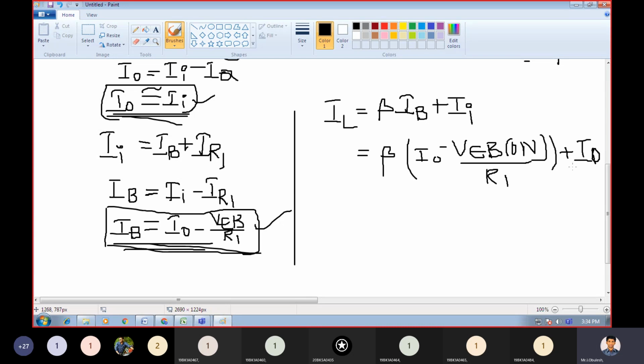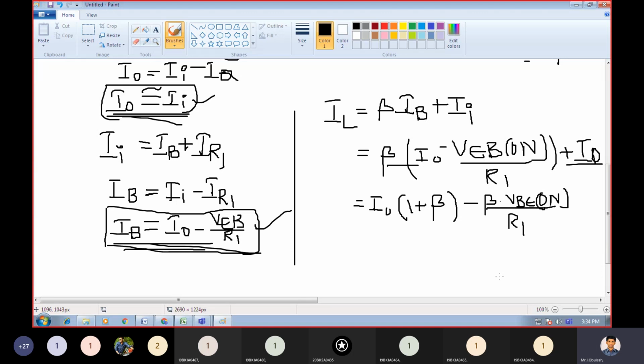From these two terms, I0 is common: IL is equal to I0 into 1 plus beta, minus beta into VBE on divided by R1.